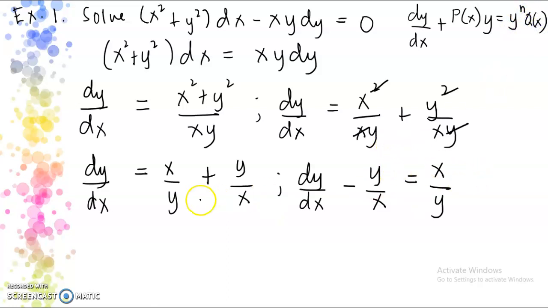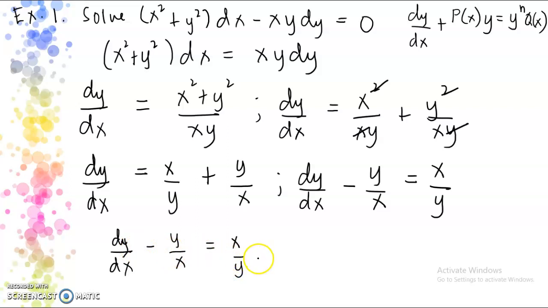We have dy over dx minus y over x equal to x over y.